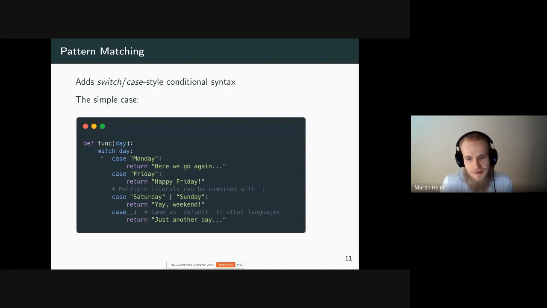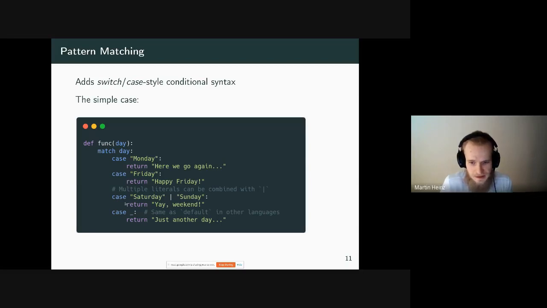So you would use the match keyword and a pattern, and then individual cases. In this example, the pattern is just a variable, which is a string, and the individual cases match against the specific string. In this kind of simple matching, you can also use the OR operator, vertical line, to match against multiple ones.